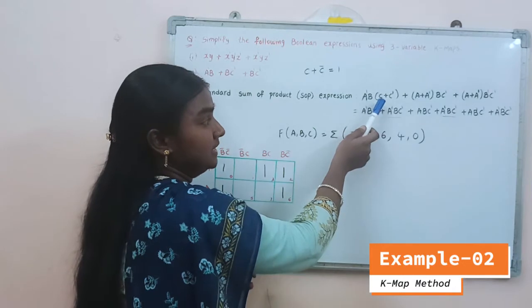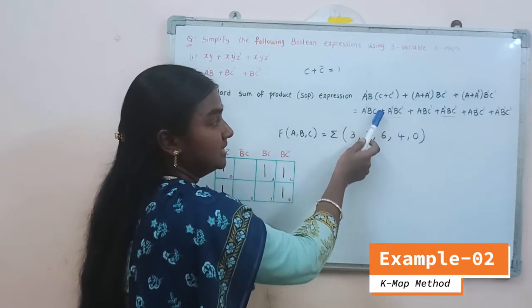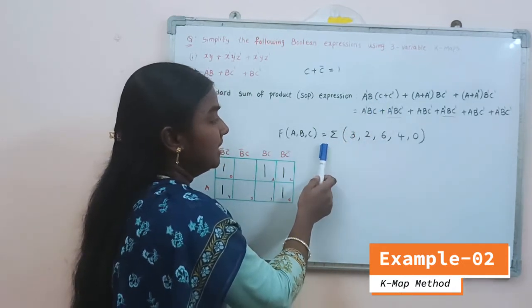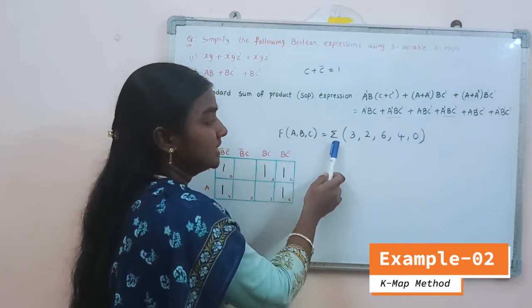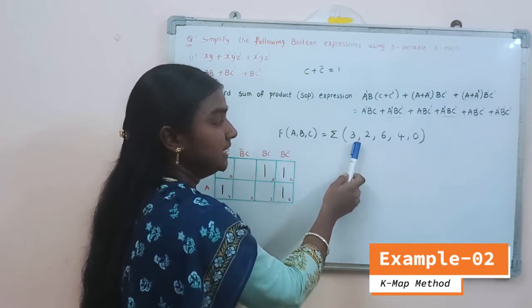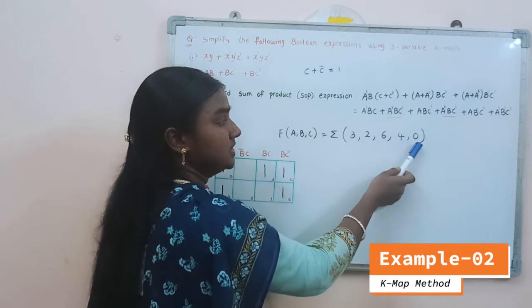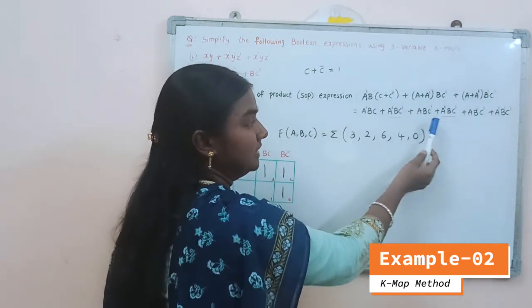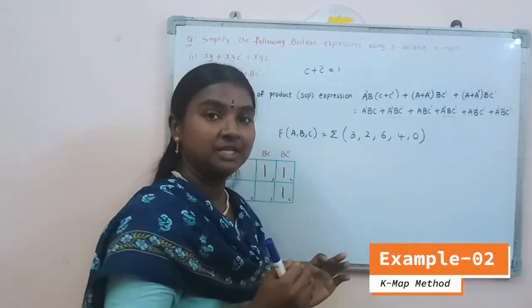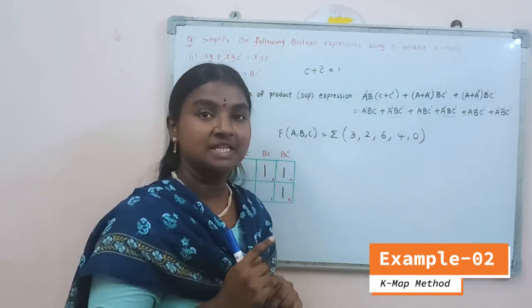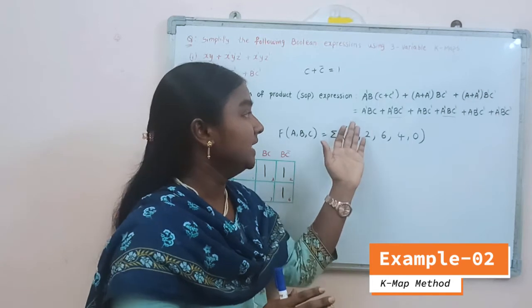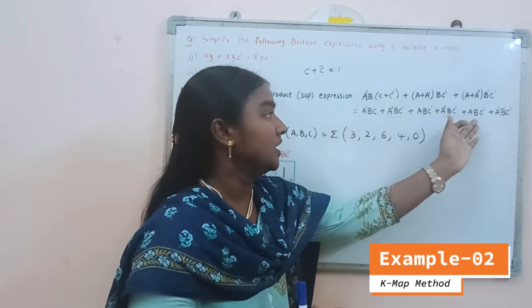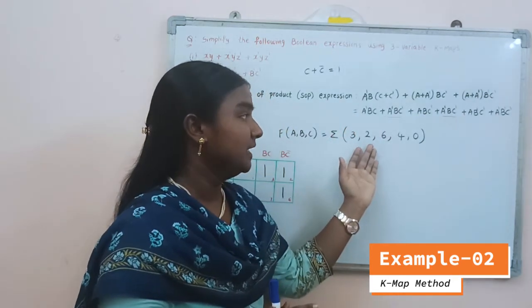So after multiplying and simplification, we find the Boolean expression as sum of minterms like 3, 2, 6, 4, 0. Here the minterms a bar, b, c bar are repeating 2 times, so we need to consider only 1 time. And for each respective product term, we have written the minterms.